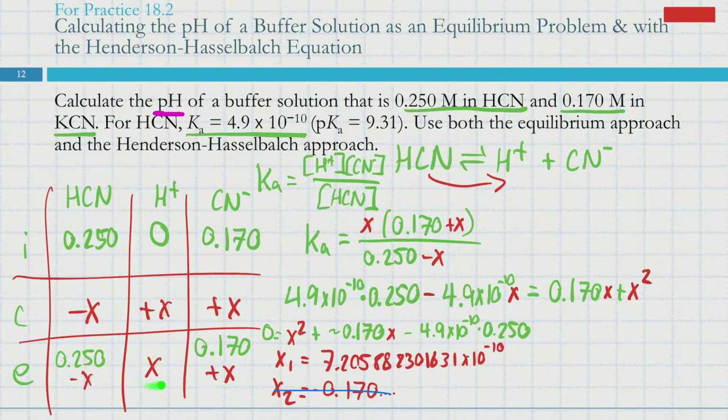That's the value for our H plus. So our pH is, store x1 as x, negative log of x1, pH of 9.14.